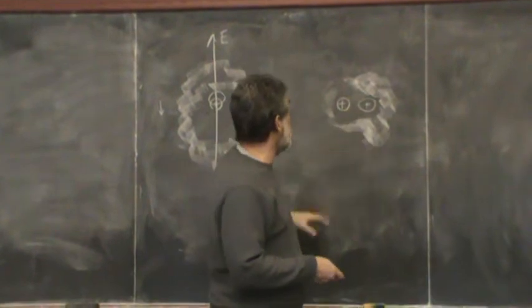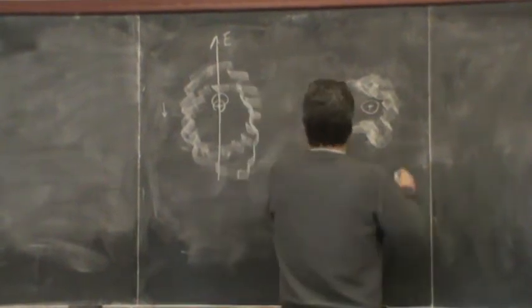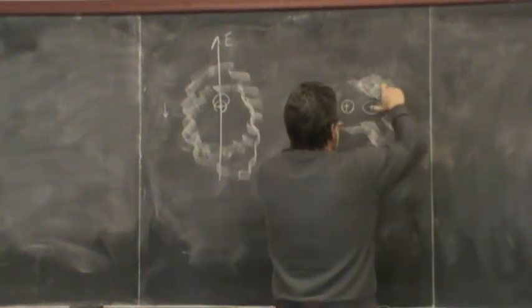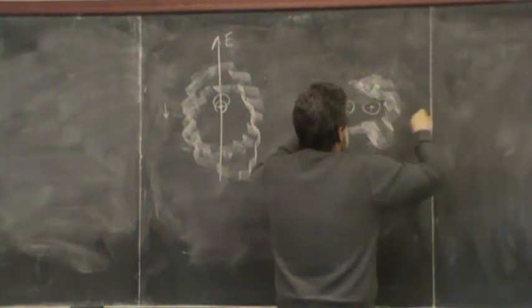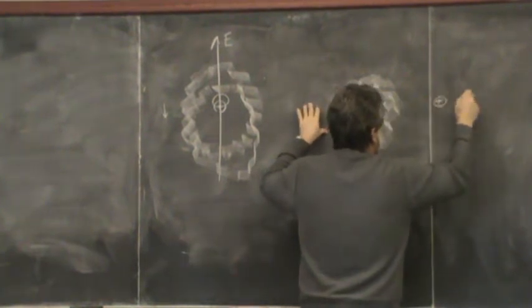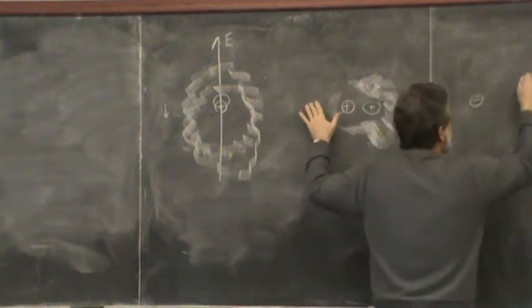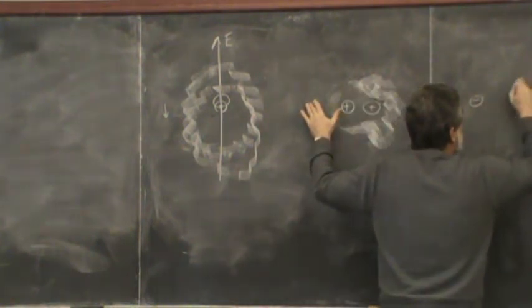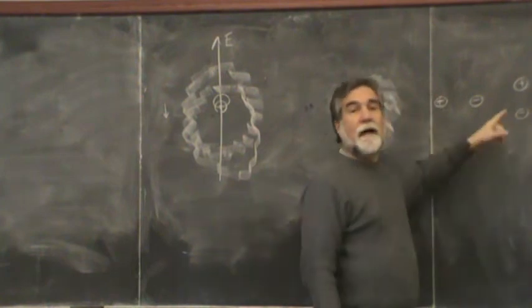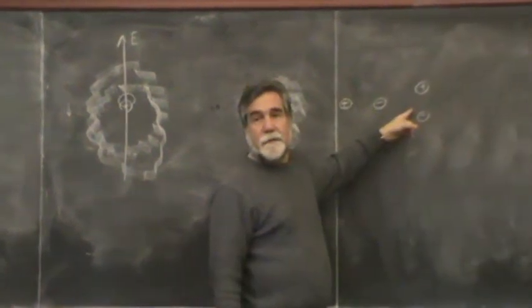But more importantly, when I apply my electric field, this net plus minus, if I drew it again like this, is going to rotate in the field, and now I've oriented my dipole moment.